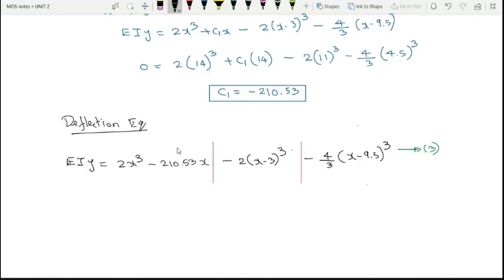You are getting a different C1 value. Yes, sir, minus 193. 17 minus 193.1. 178. Okay. Thank you. So this is my value, right? So which means this will be minus 193.17x. Okay, this is my deflection equation.